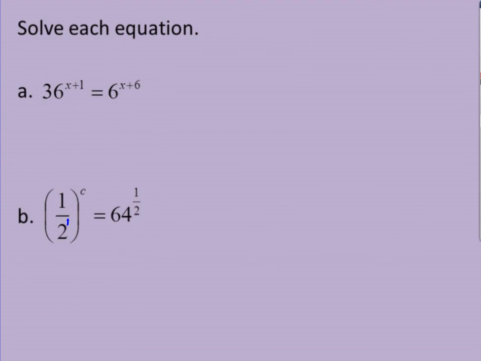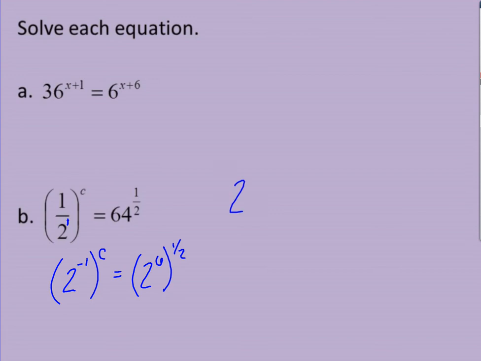If you want to get a value out of the denominator to raise it to the numerator, you make the exponent negative. So this is the same thing as saying 2 to the negative first power raised to the c. 64 is 2 raised to the 6th power, and then taken to the 1/2. Remember, when you have a power to a power, you multiply.